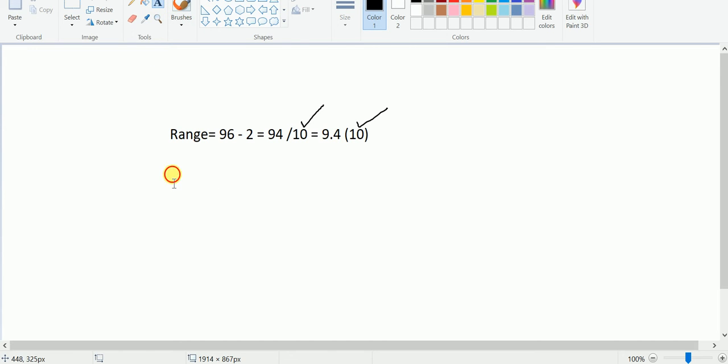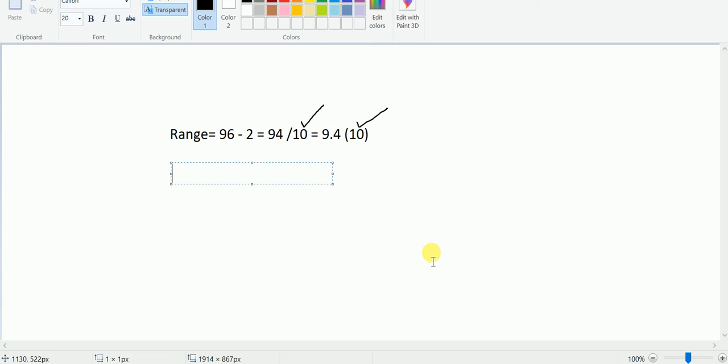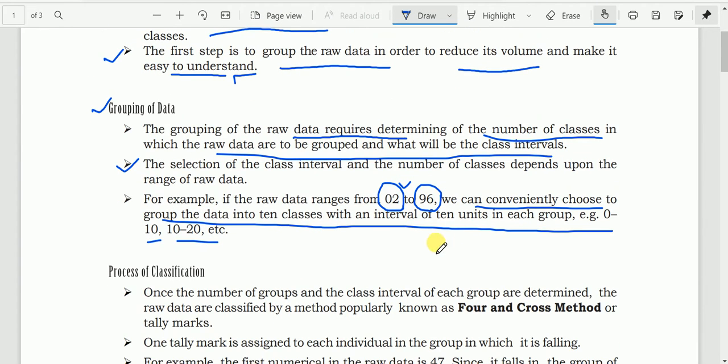So we can make the classes as follows: 0 to 10, then 10 to 20, then 20 to 30, and so on. So that is the point mentioned here. The class interval we have chosen is 10, and accordingly we make the classes of 0 to 10, 10 to 20, and so on. So this is what I call grouping of data. Are you clear, boys and girls?